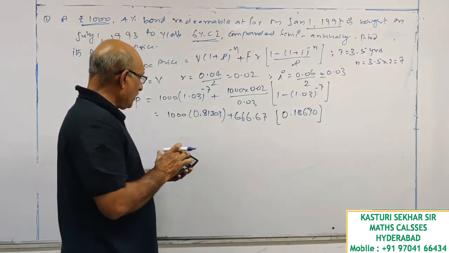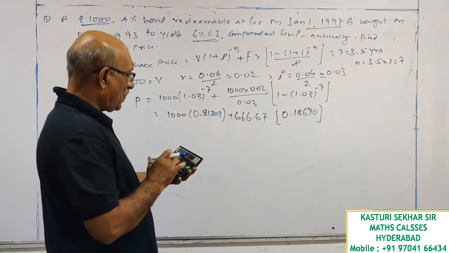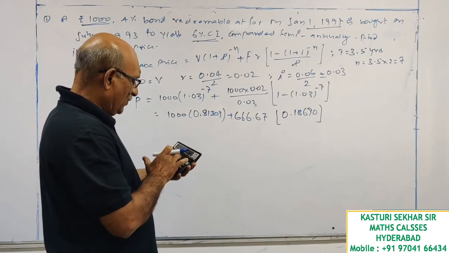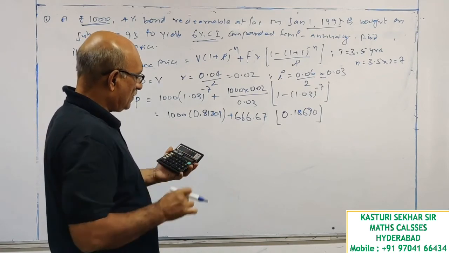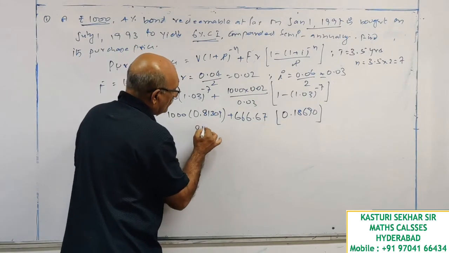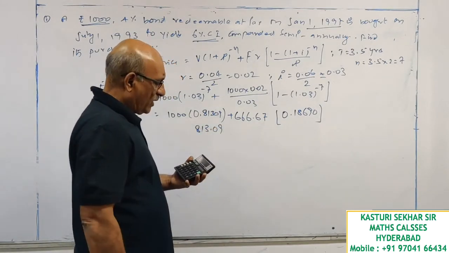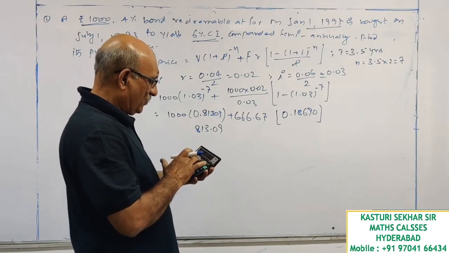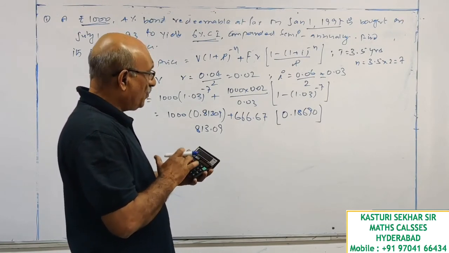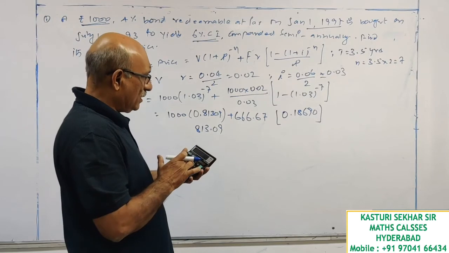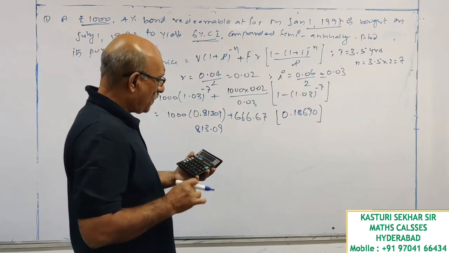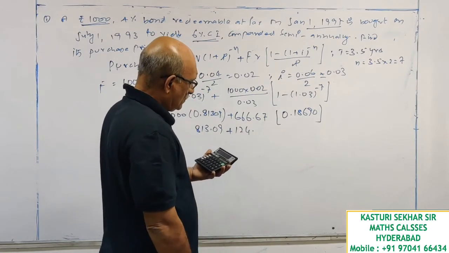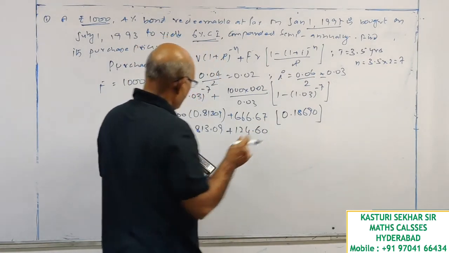Now simplify this, sir. 1000 into 0.81309 is 813.09. 666.67 into 0.1869 is 124.60.